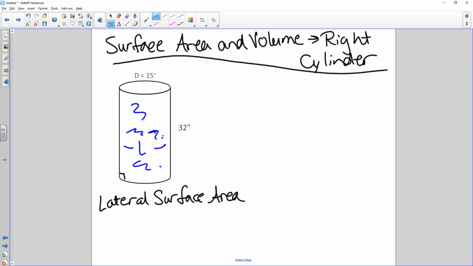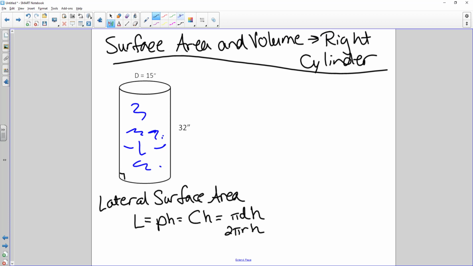The easiest way to calculate this is to take the perimeter, or in this case, since it's a circle, the circumference times the height. Specifically, for a cylinder, the circumference is pi times diameter, times the height, or 2 pi r times the height. Lots of different versions of this one.